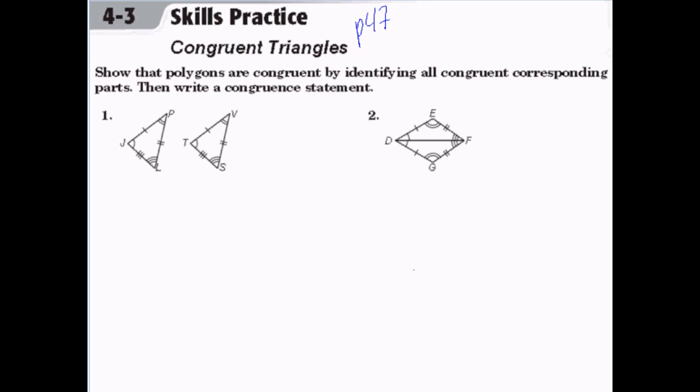Okay, so we want to identify all the congruent and corresponding parts and then write the congruent statement about the two whole triangles.